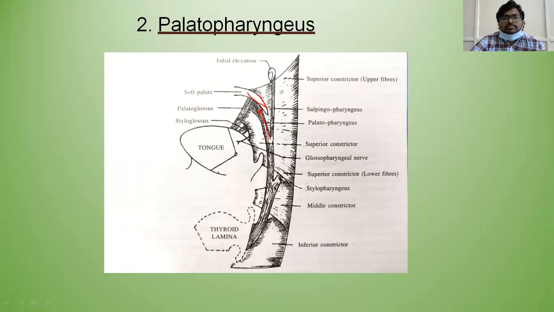This palatopharyngeus muscle, along with the salpingopharyngeus muscle and stylopharyngeus, forms a conjoined tendon, and they get inserted into the posterior lamina of the thyroid cartilage. A few fibers from the palatopharyngeus pass around the pharynx to form a U-shaped sling at the level of the Passavant's ridge. This also we discussed in the last class.